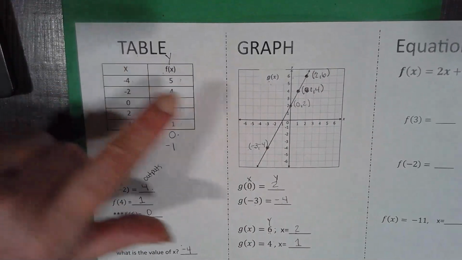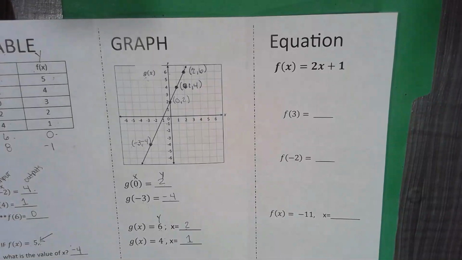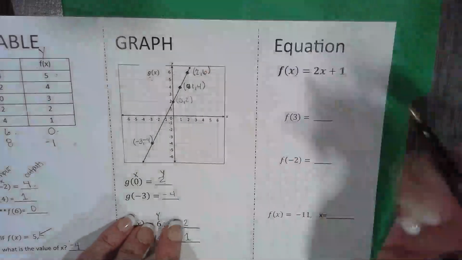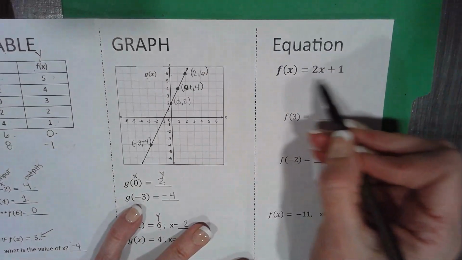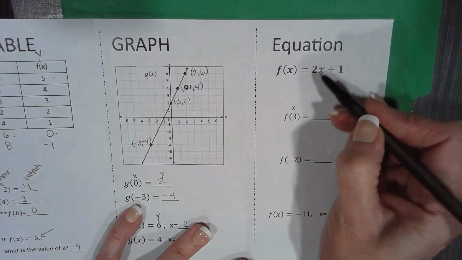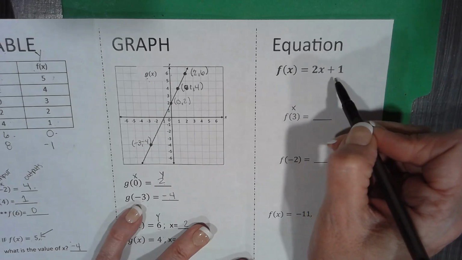All right. So we looked at evaluating a table, evaluating a graph. Now the hard one, this is the harder one, evaluating an equation. Okay, so I'm using that same equation that I used back here, and they want us to evaluate this function where x is 3 again. So what does this sound like? And again, it's really going to help you guys out if you do it my way.